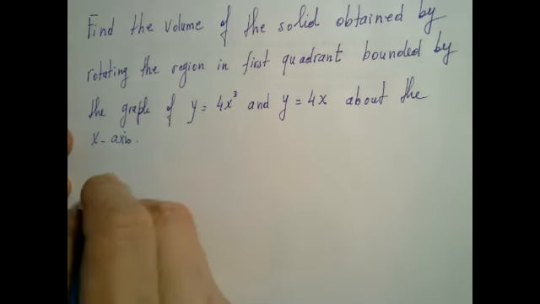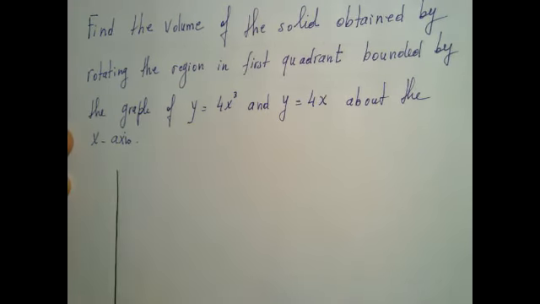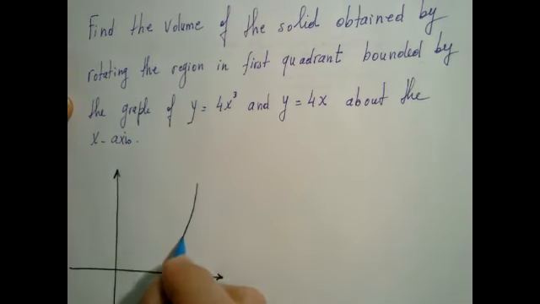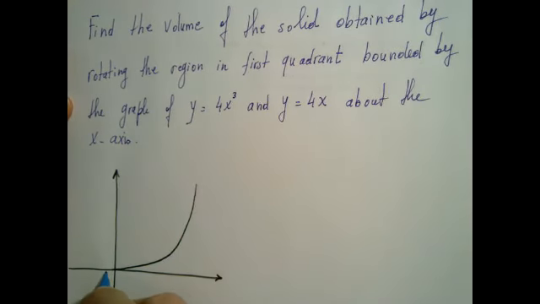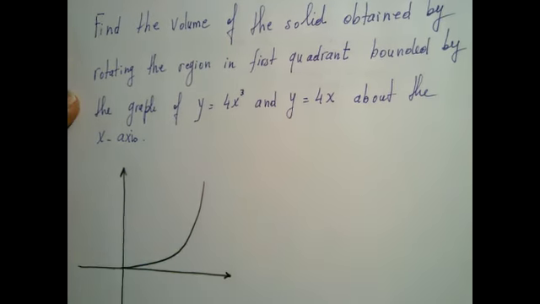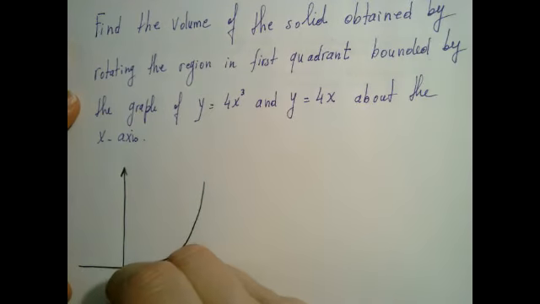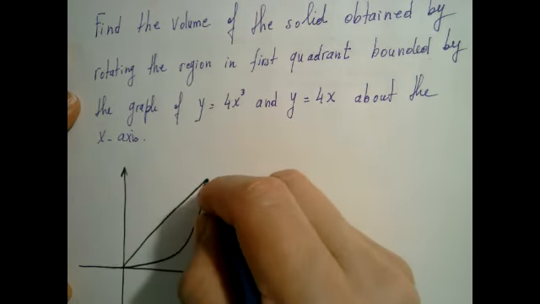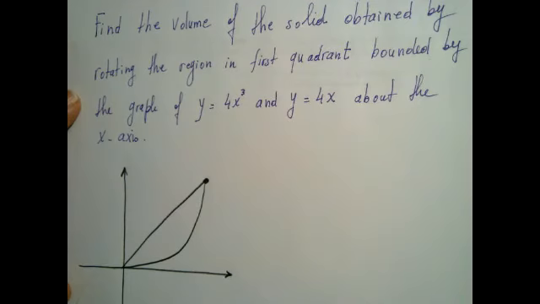As usual, I will first see what my picture is. Y equal 4x cubed is a graph that looks like this. That's the x cubed. Y equal 4x, it's a line like that.